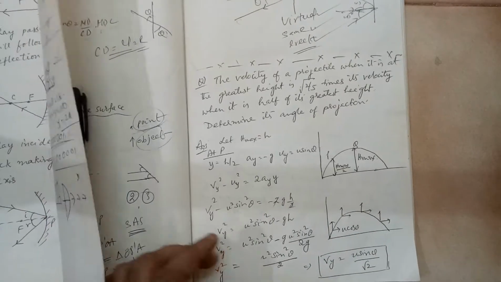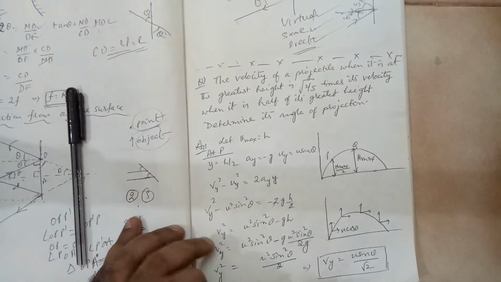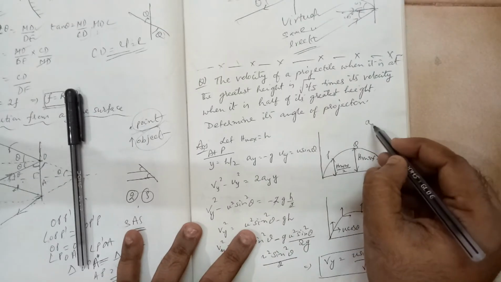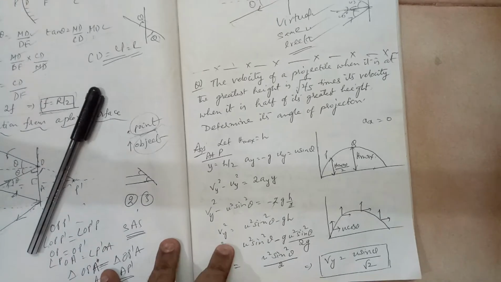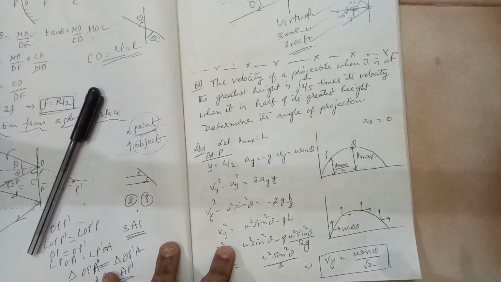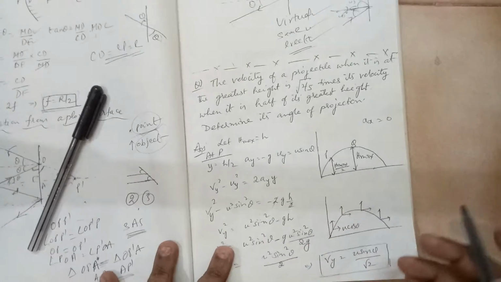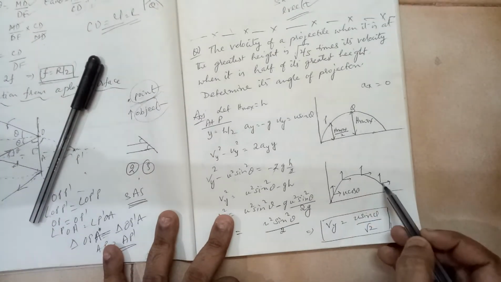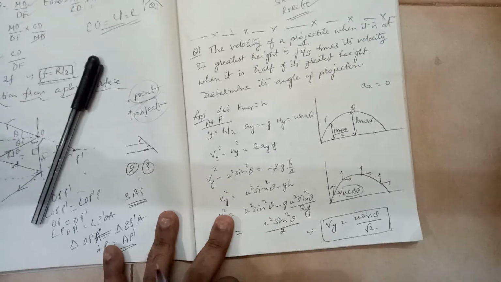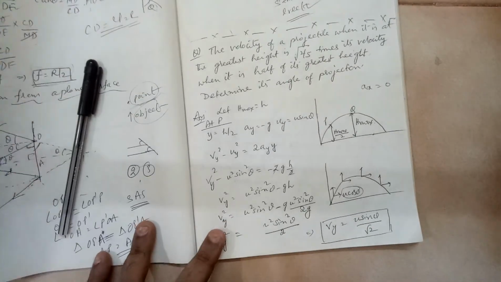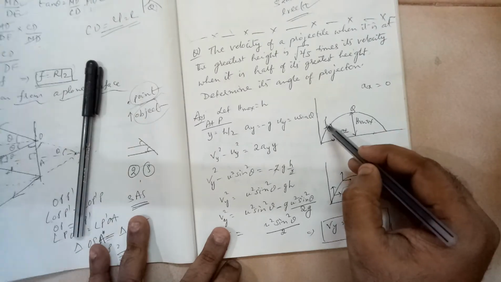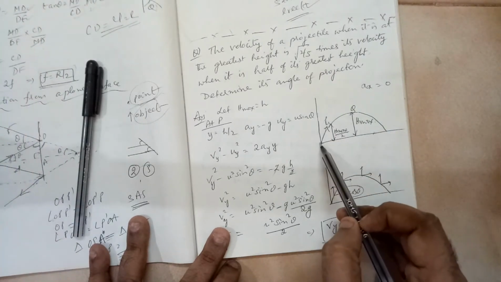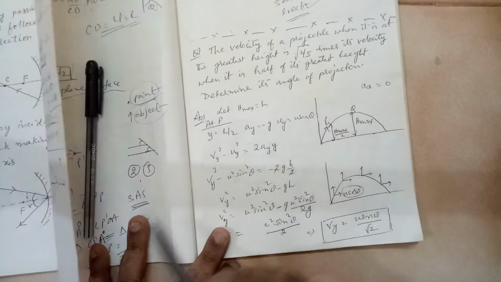We already know that in projectile motion, in the horizontal direction there is no acceleration. Now what does this mean? It means that in the horizontal direction the velocity is not going to change. So at every point the velocity will be constant and it is u cos theta, because when you have projected it with speed u, it will have a horizontal component and a vertical component.